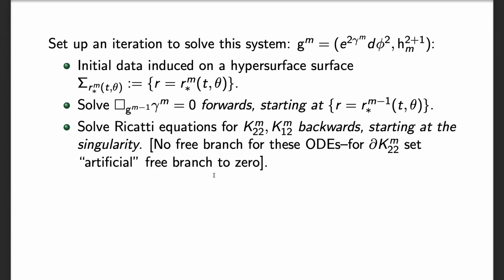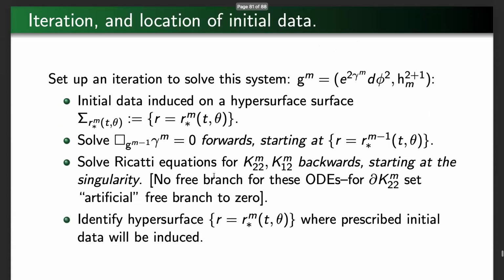And then I want to solve the Riccati equations for the two components backwards, because I want to ensure that I chose a congruence that doesn't have focal points, and if I start at the singularity I can do this. And that free branch about the derivative of this, I can set to 0 if I start at the singularity. Okay?